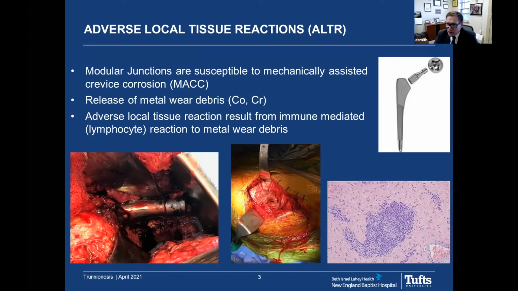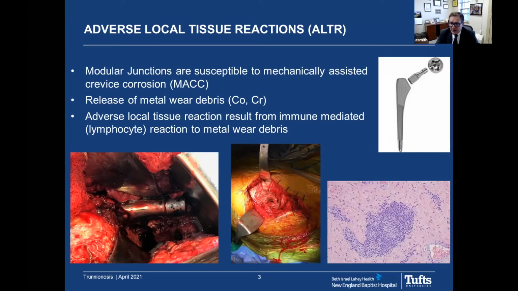To not get too specific, it becomes a phenomenon of galvanic corrosion, often when you have two divergent metals that result in a difference in the pH across the region, leading to corrosion. But it's also mechanically assisted because the friction that occurs between the femoral head and the trunnion can result in this additional generation of metal debris.